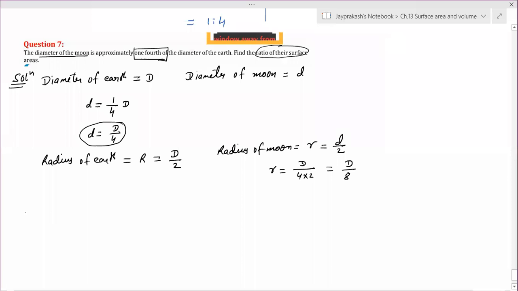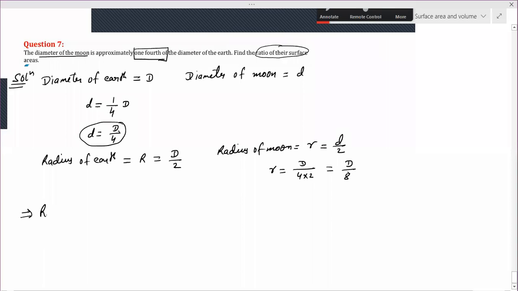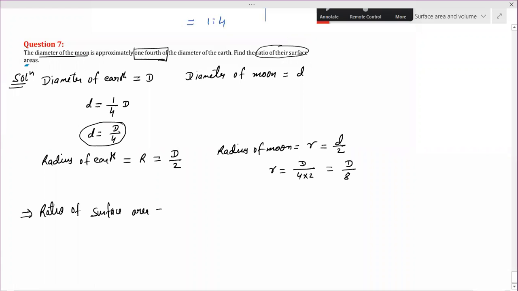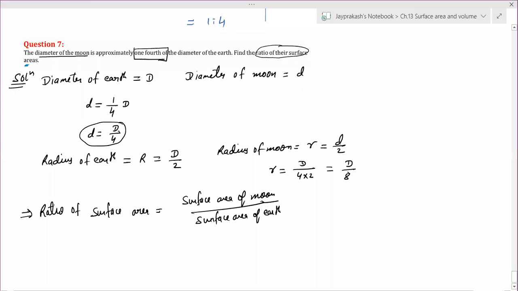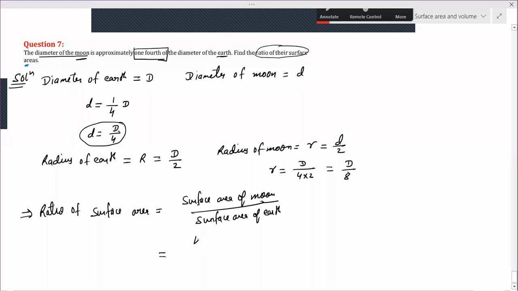So just write down here the ratio of surface areas. We have written the surface area of moon first, then the second is earth. Now substitute the formula. So it becomes 4 pi r square.